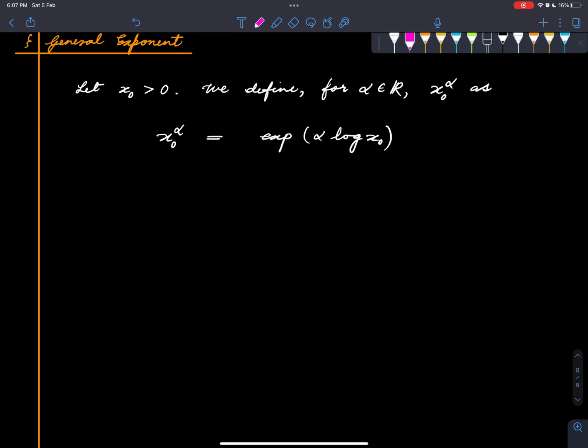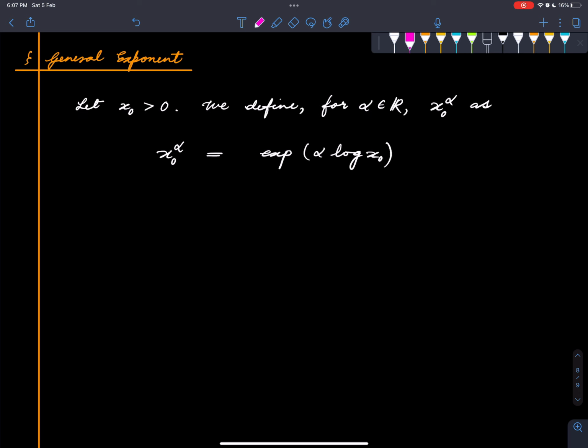Okay, so let me end this lecture with the general notion of exponent. So fix a positive real number x naught, and then for any real number alpha, we define this symbol as this expression. And this may seem like it comes out of nowhere, but the motivation is this. If alpha is some natural number n, then what is exp of n log x naught?